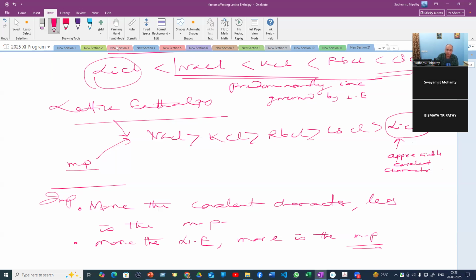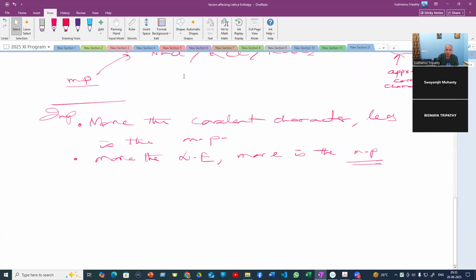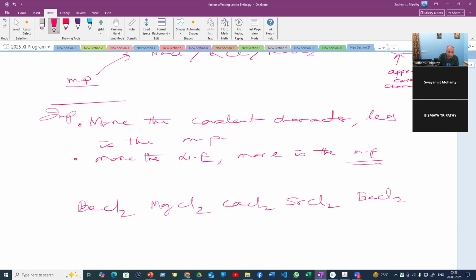One example I am giving you, say beryllium chloride, magnesium chloride, calcium chloride, strontium chloride, and barium chloride. At least these are ionic.